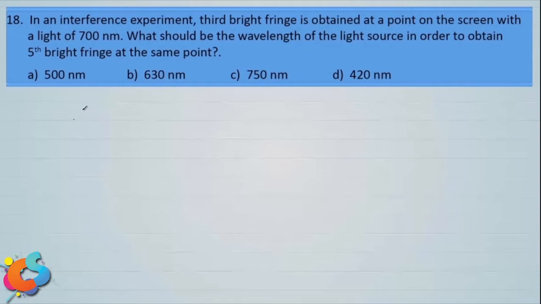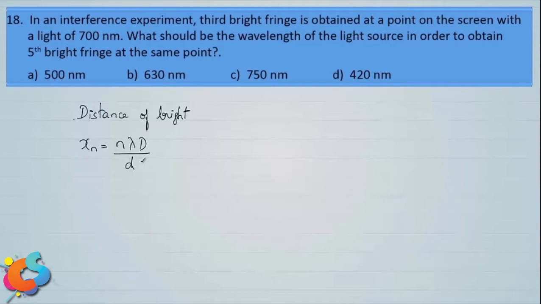The distance of the bright fringe from the center is given by xn is equal to n lambda D divided by d. For two different fringes, when they coincide, this x should be the same. However, the order of the fringe n and the wavelength lambda will be different, and capital D and small d will remain the same for the same experimental apparatus.